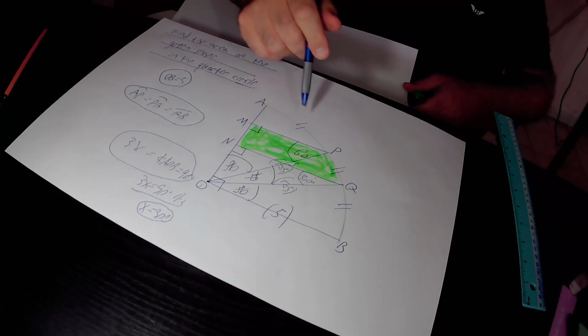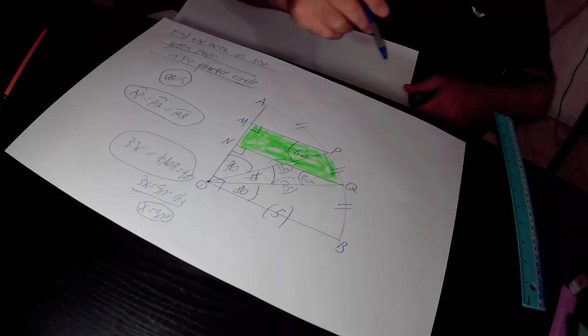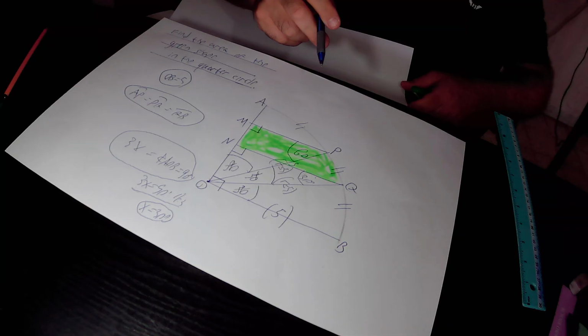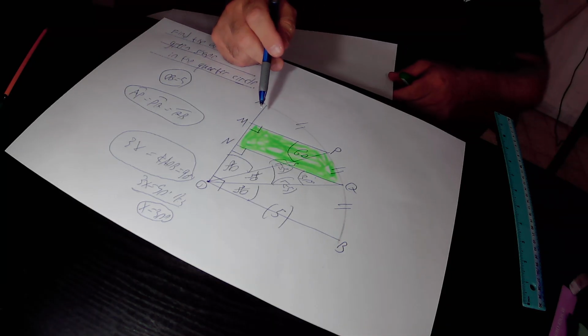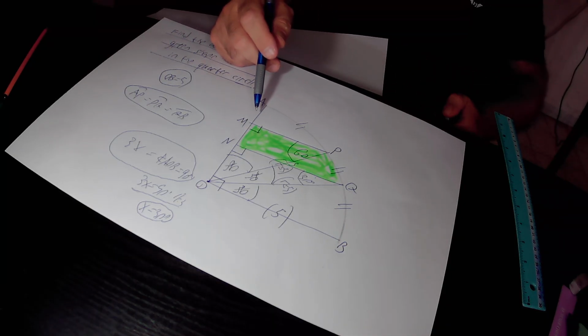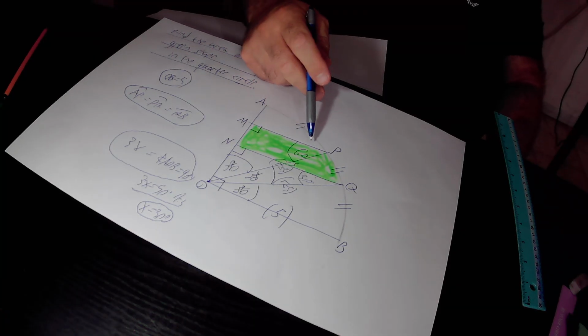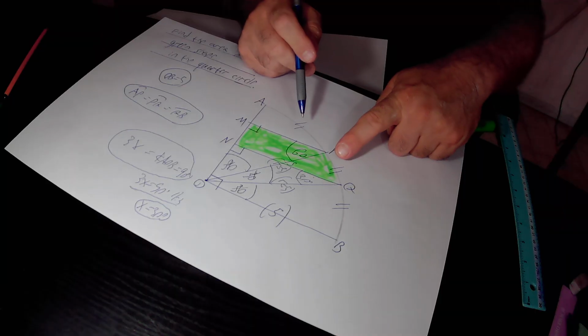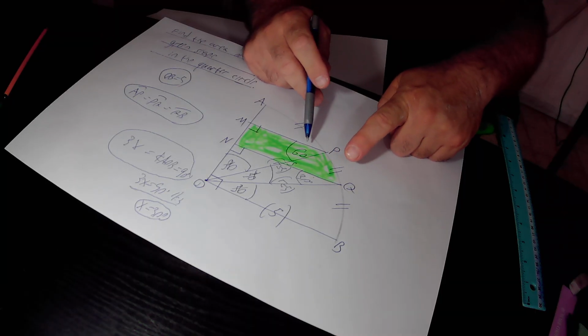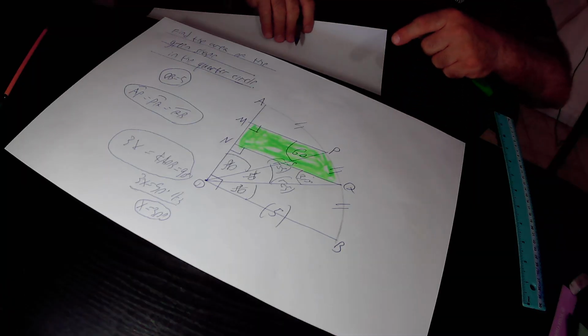Our mission is to find out the area of this green shape. So what is the area of the green shape? From the drawing, it is very easy to see that the area of this green shape equals the area of the green quadrangle MNSP plus the area of this small green shape PSQ. So I write it down.